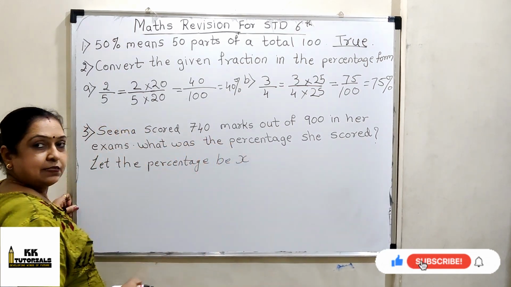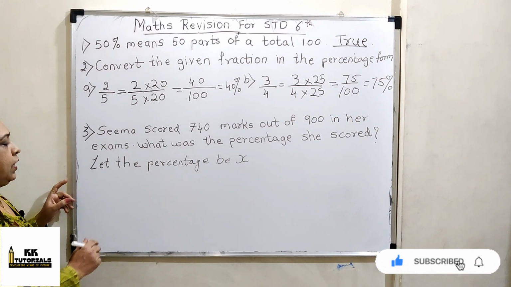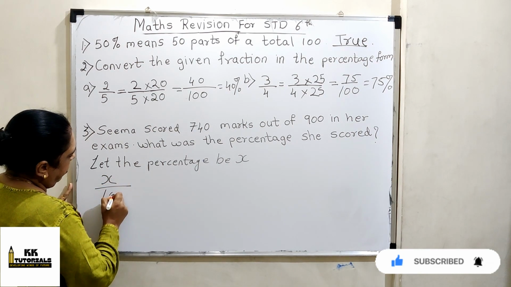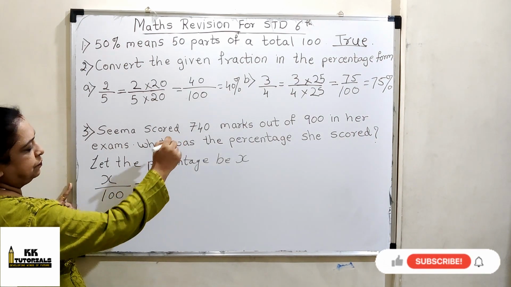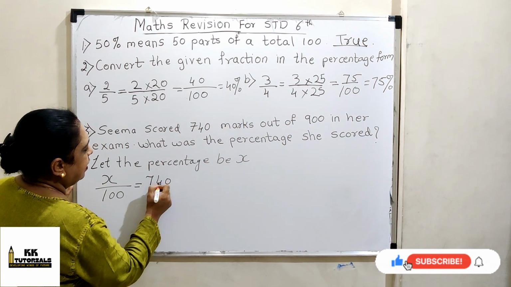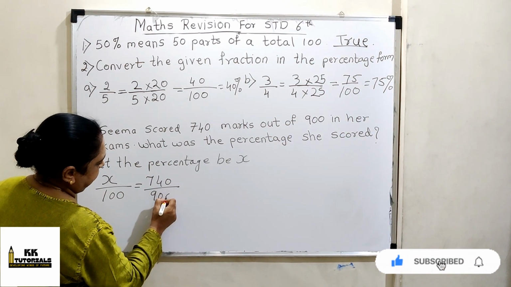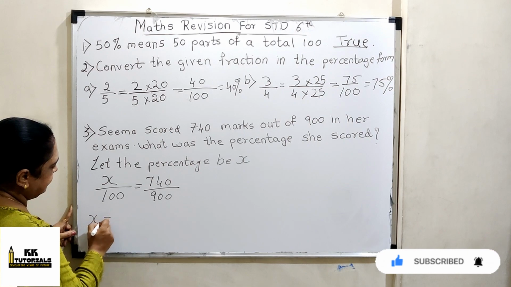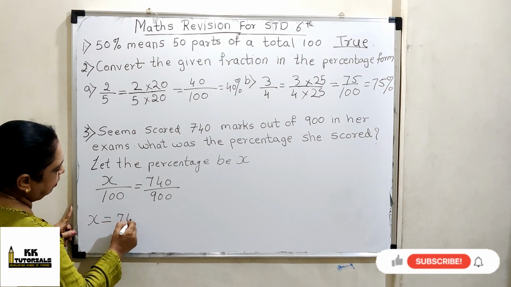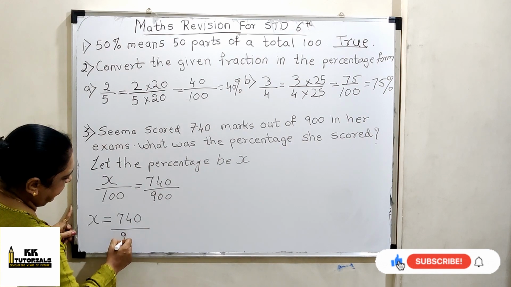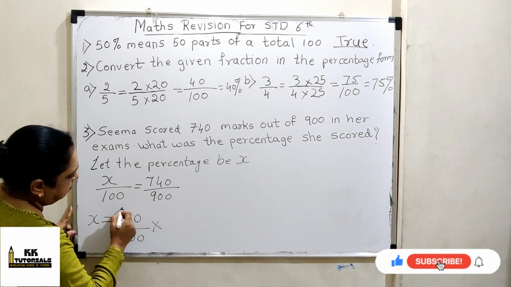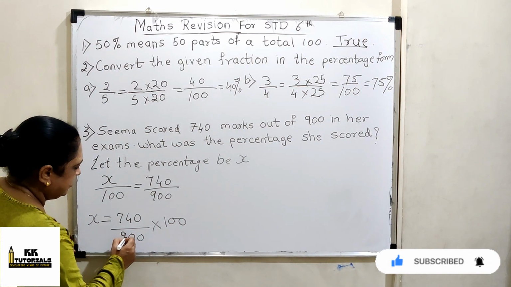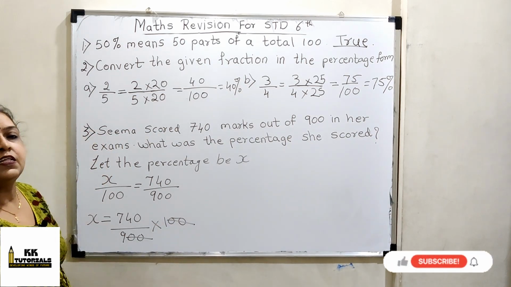Now, X upon 100 is equal to 740 upon 900. Understood? Now, X is equal to 740 upon 900 multiplied by this 100. Understood this much?